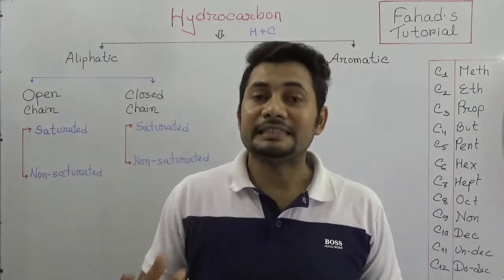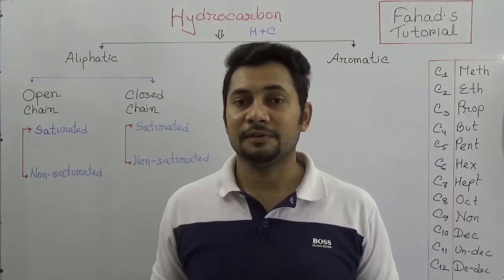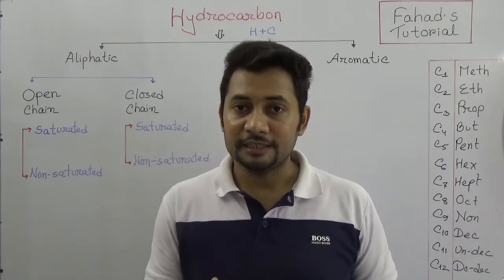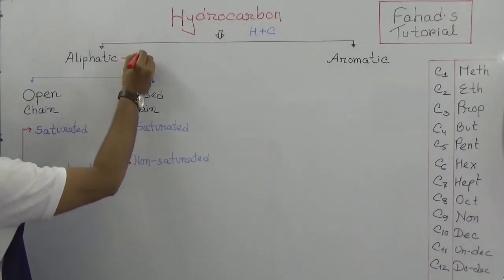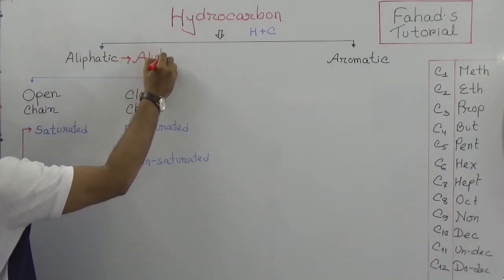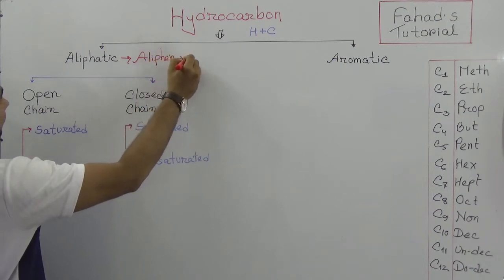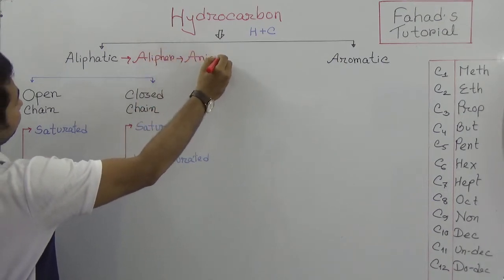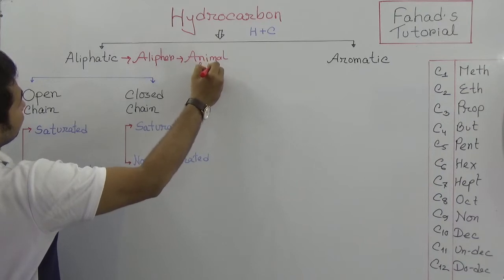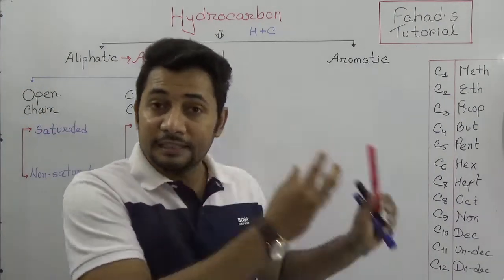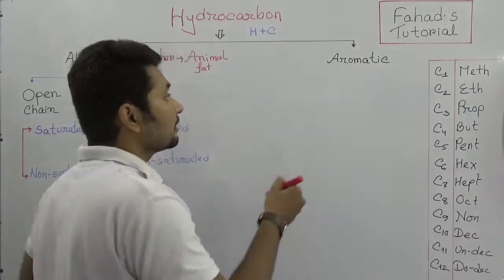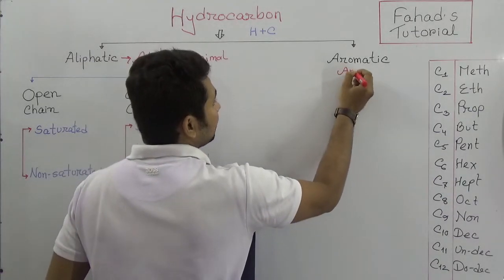So where do aliphatic and aromatic come from? Aliphatic comes from the Greek word aliphar, and aliphar means animal fat. So it's all about fat. On the other hand, aromatic comes from the Greek word aroma.